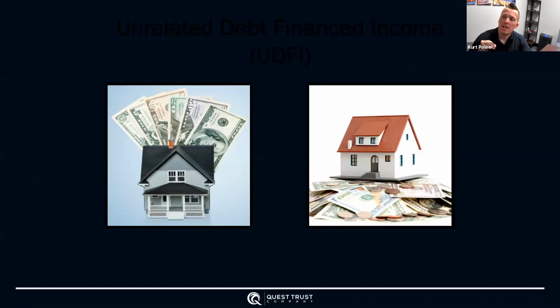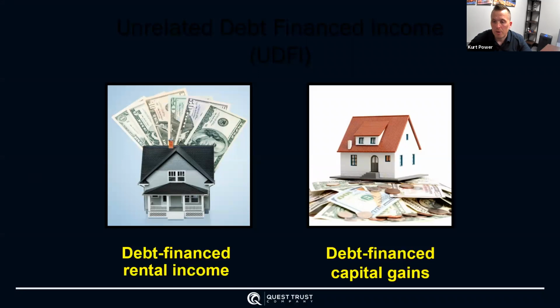I'm going to incur a subset of UBIT called UDFI, unrelated debt-financed income. The way I'm going to incur that: debt-financed rental income, debt-financed capital gains. What does that mean? Let's say I've got my IRA invested in self-storage or multifamily, and that property is 60% debt leveraged.